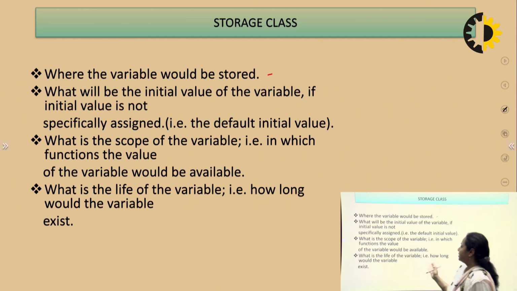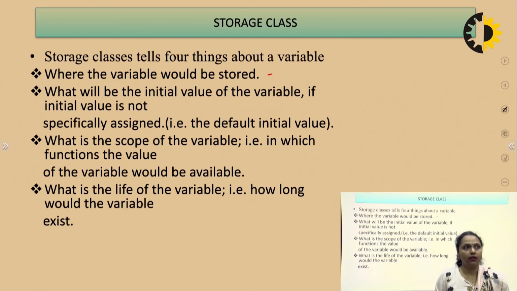And last is the life of the variable, that is from which point to which point the variable can be accessed within the program, so that we can use the value stored in the variable. So we will discuss the storage class based upon all these 4 factors.